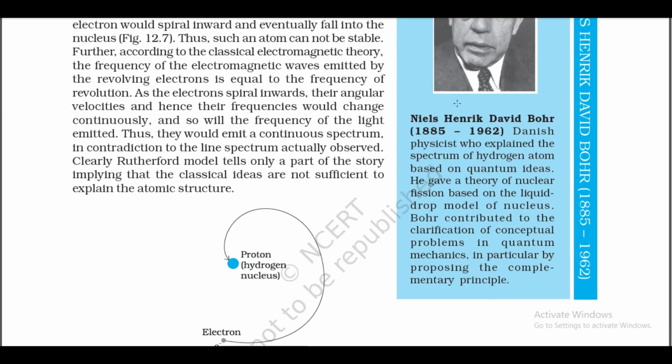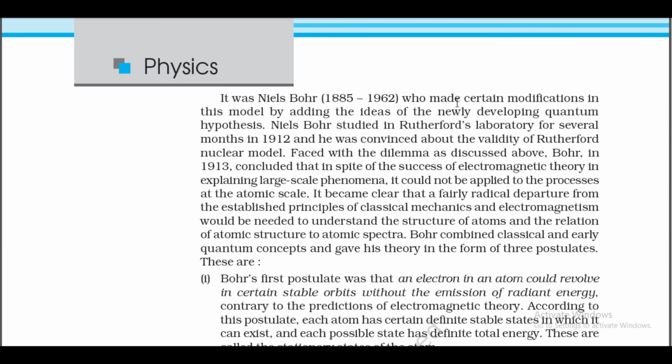It was Niels Bohr (1885 to 1962) who made certain modifications in this model by adding the ideas of the newly developing quantum hypothesis. Niels Bohr studied in Rutherford's laboratory for several months in 1912, and he was convinced about the validity of the Rutherford nuclear model.